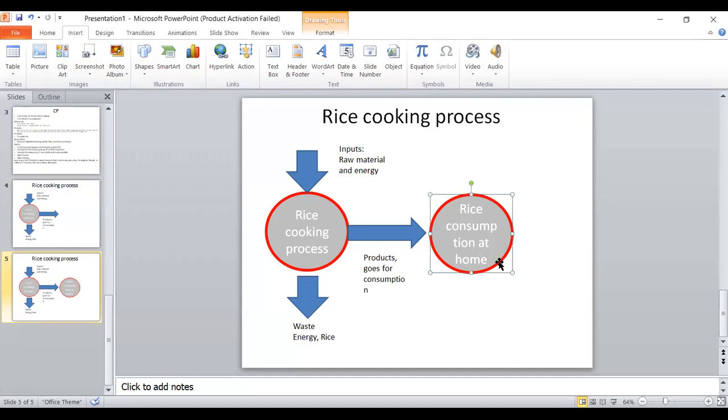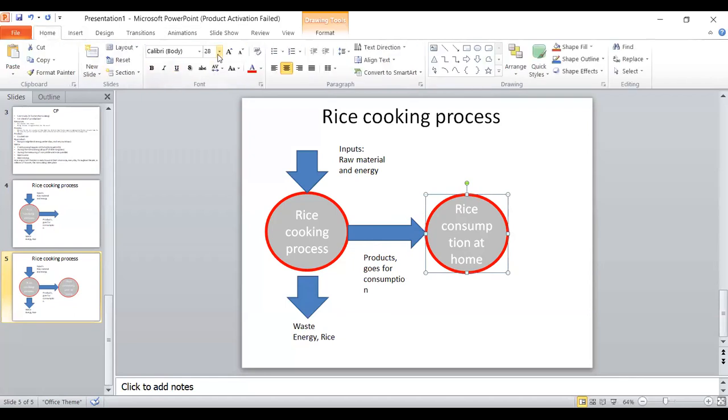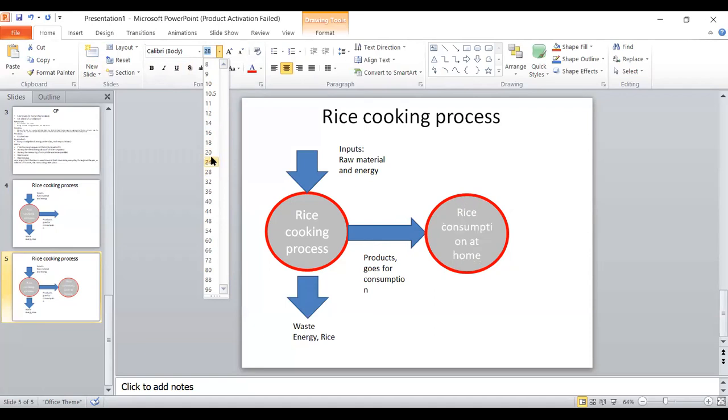What is the output? Yes, in and out. We have products, but in the consumption process, what is out?